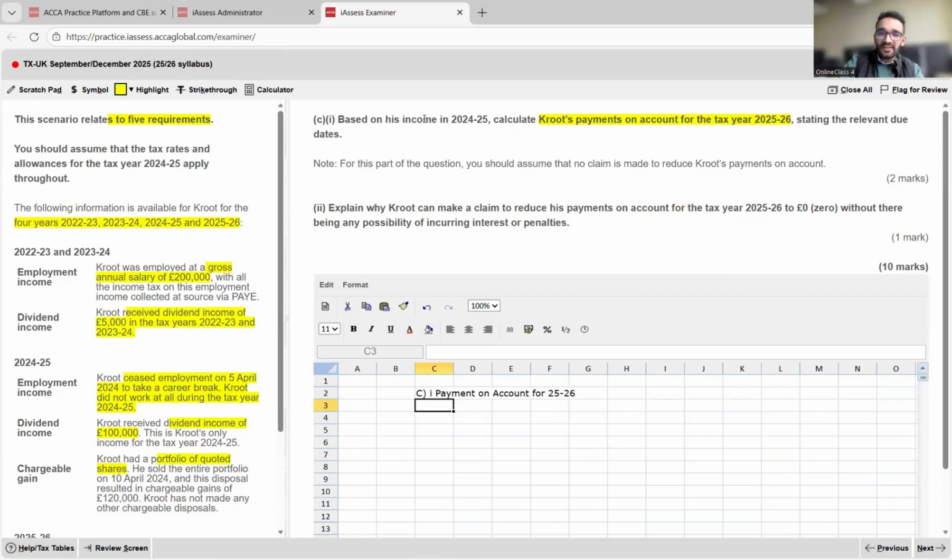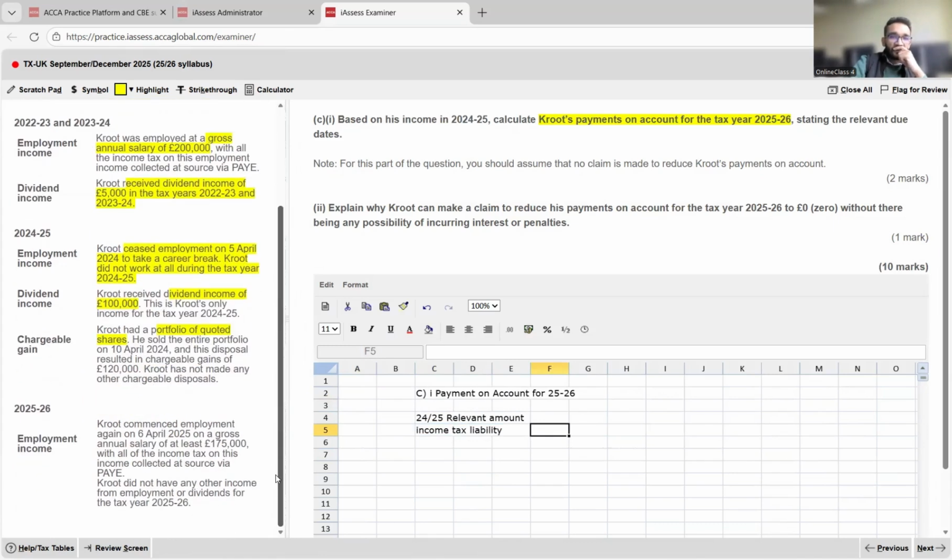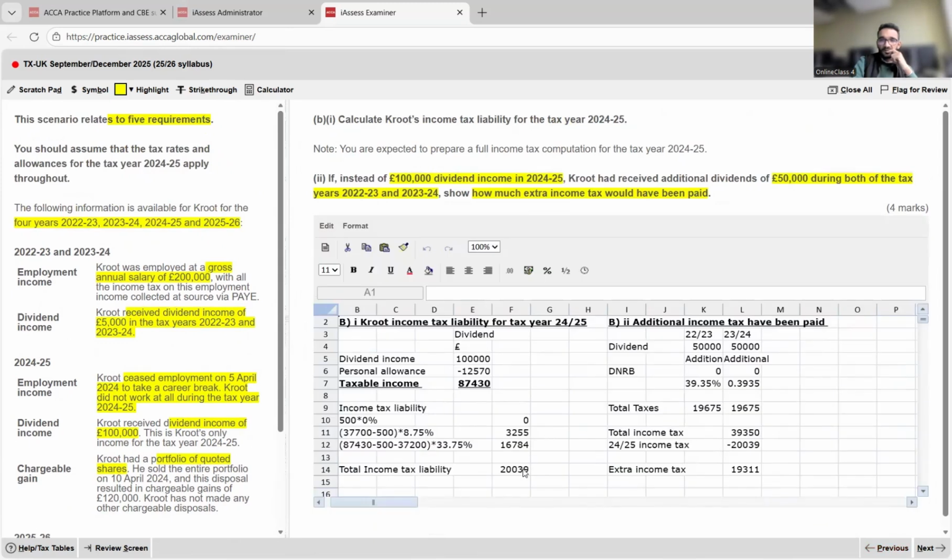So what were the liabilities for 24-25? What was the relevant amount? Income tax liability. As he only has dividend income, we have already calculated the liability. What was the liability? 20,039.